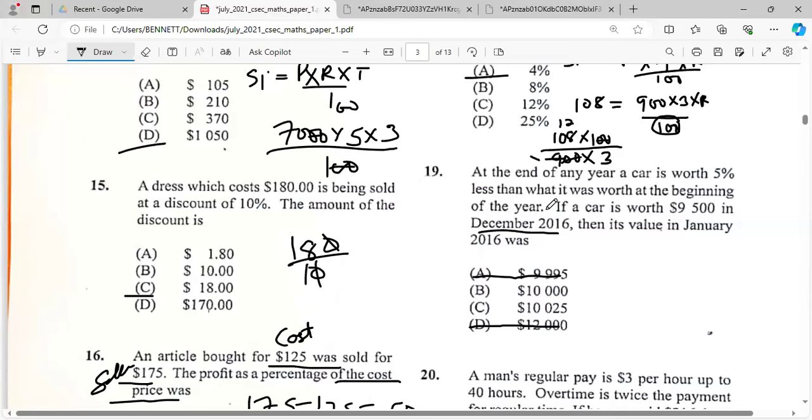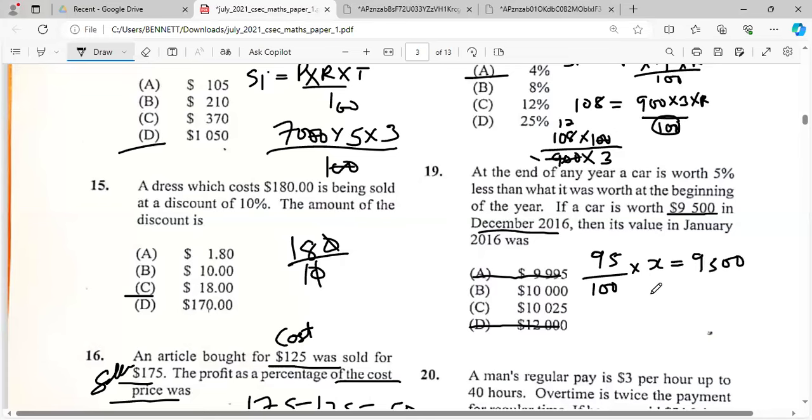So it says at the end of the year, it's worth 5% less. That means what we get now is actually 95%, because they took out the 5% already, right? So 95% of a value. We don't know what the value is, so we call it X, and that gives you 95. So do the transpose again.